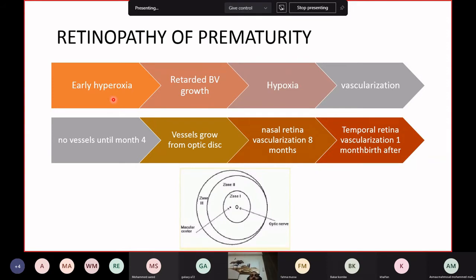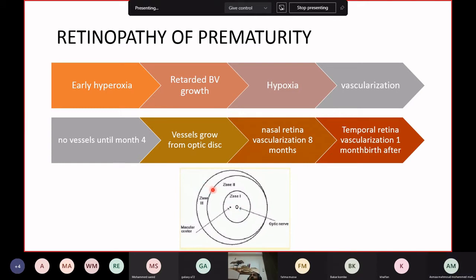When the patient is born and is just breathing the normal air, this will put the patient into what we call early or relative hypoxia. This hypoxia will cause retarded growth of the blood vessels. The blood vessels tend to grow from the optic disc and go towards the peripheral part of the retina. The relative hypoxia is a good stimulus for those blood vessels to grow.